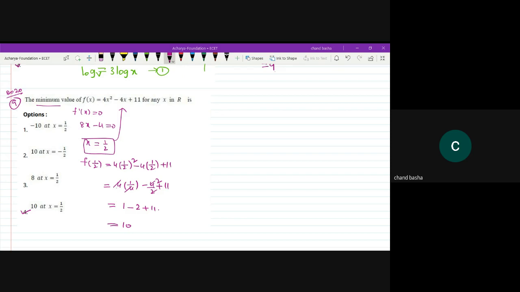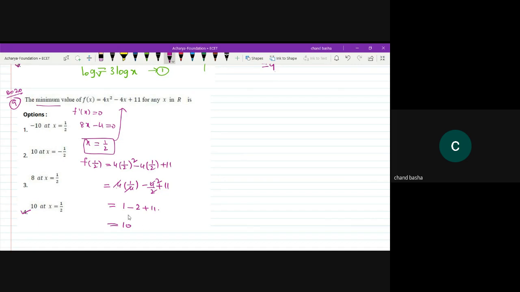Next problem. In which interval a function is decreasing?